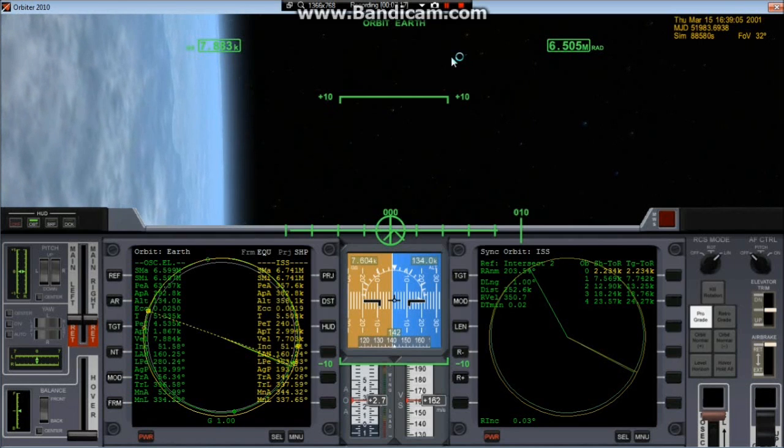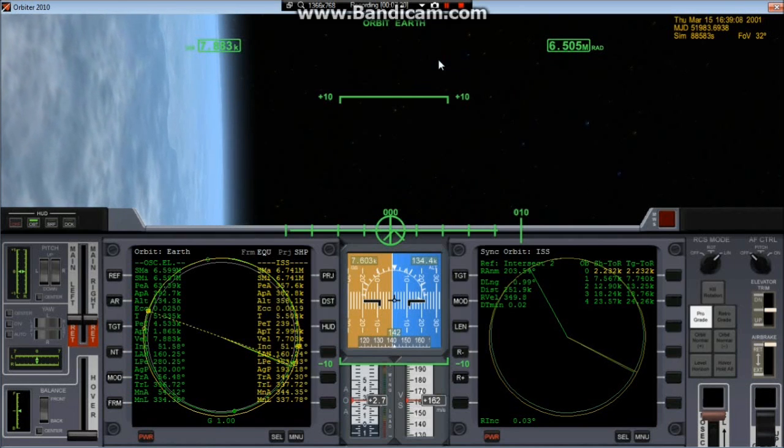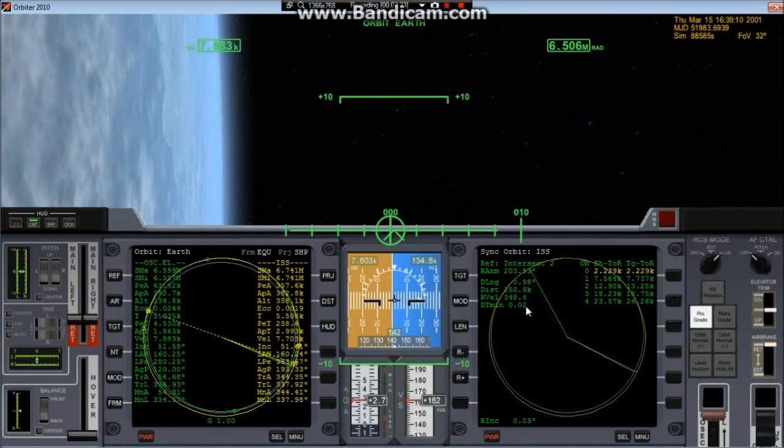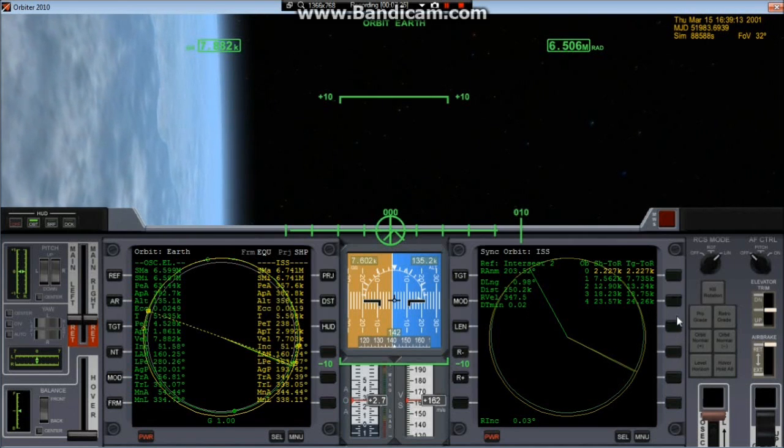That was a long burn, but we did it. So hopefully that won't change around too much because we're coming up on rendezvous.